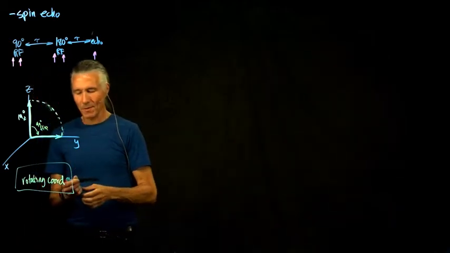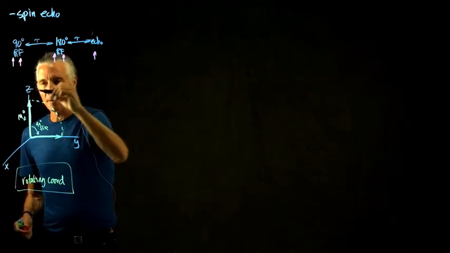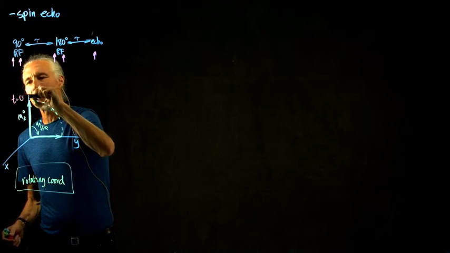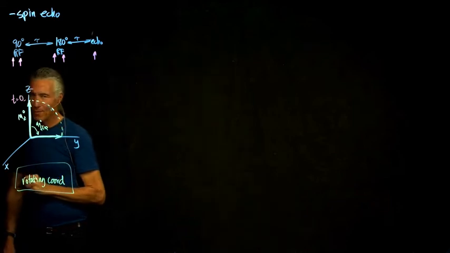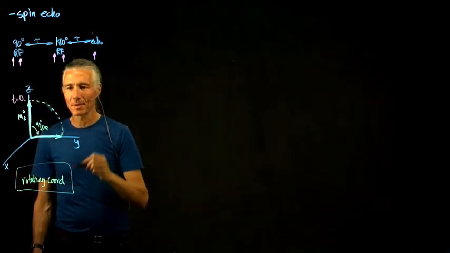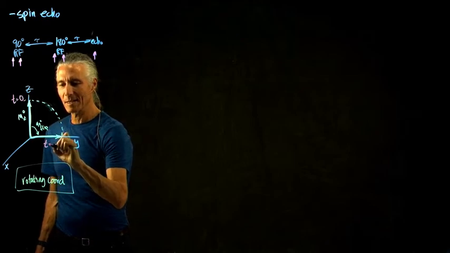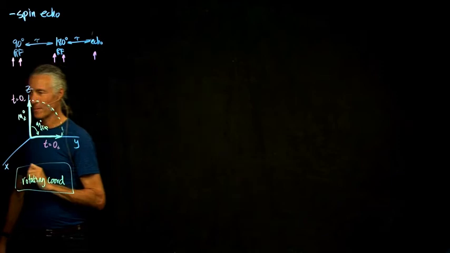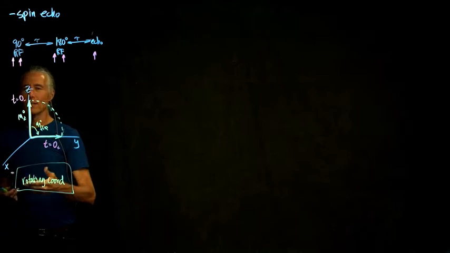This part is t equals 0 minus. That means right before the flip. And now we're at t equals 0 plus, right after the flip. So use the same notation we were using in the original Bloch equation.